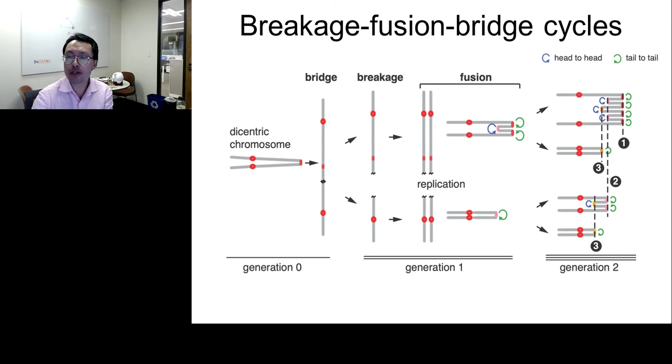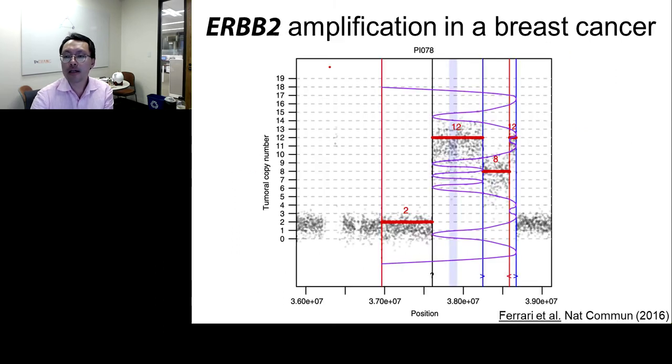Each round of breakage-fusion-bridge cycle would create two daughter cells with different genotypes, one with a gain of the terminal fragment, the other with a loss. And you can see that marked by number 1 here, one daughter cell can acquire terminal gains over consecutive cycles. And the outcome of that is gene amplification.